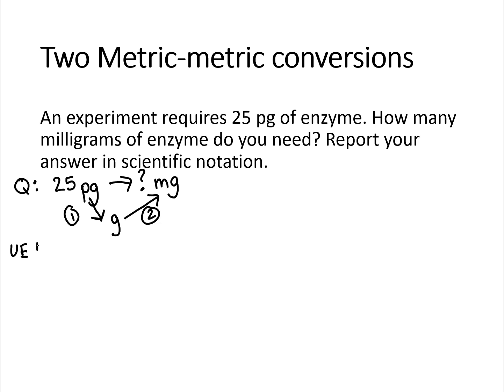So for our first unit equation, if I have 1 picogram, how many grams do I have? We're going from picogram to gram, so that is small to big, and we're going to have a negative exponent.